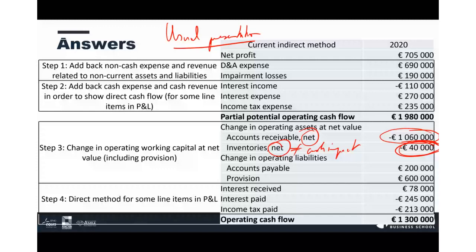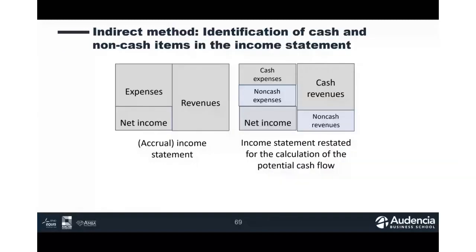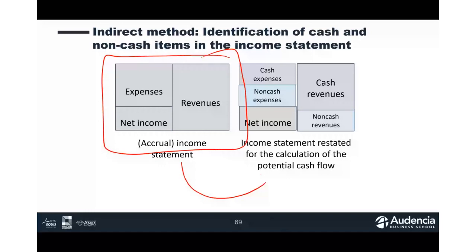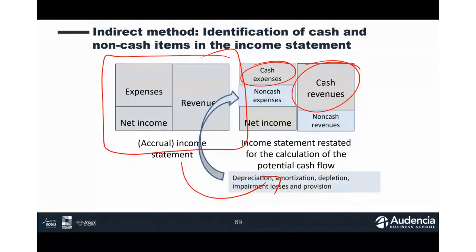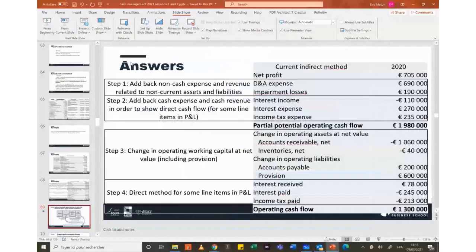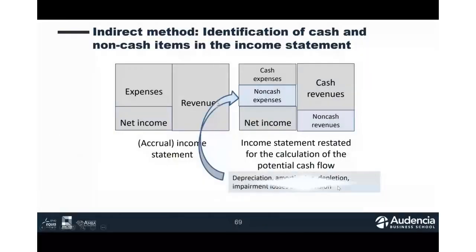So in the indirect method, we start from the P&L with all expenses and revenues. And in reality, what we want is only the cash expenses and the cash revenues. So we need to eliminate the depreciation, amortization, depletion, impairment losses, provisions for the long term.